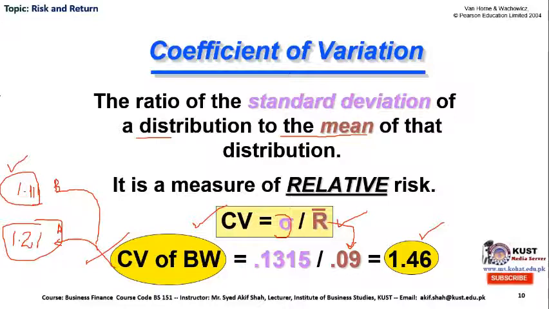So the lower the coefficient of variation, the higher will be the return realized by that investor with respect to that particular standard deviation and expected rate of return. The combination of the expected return and the standard deviation will be more feasible to the investor if the coefficient of variation is less than the other investment opportunities.